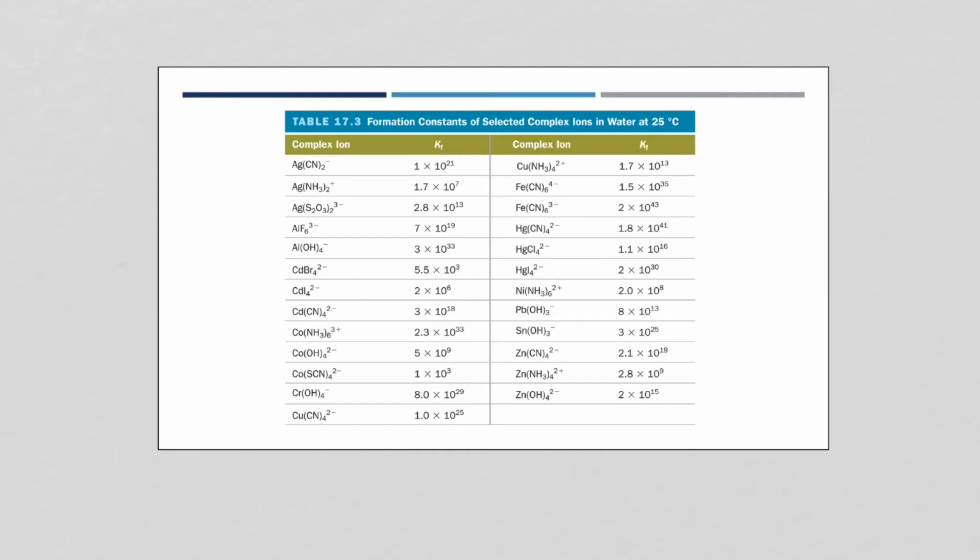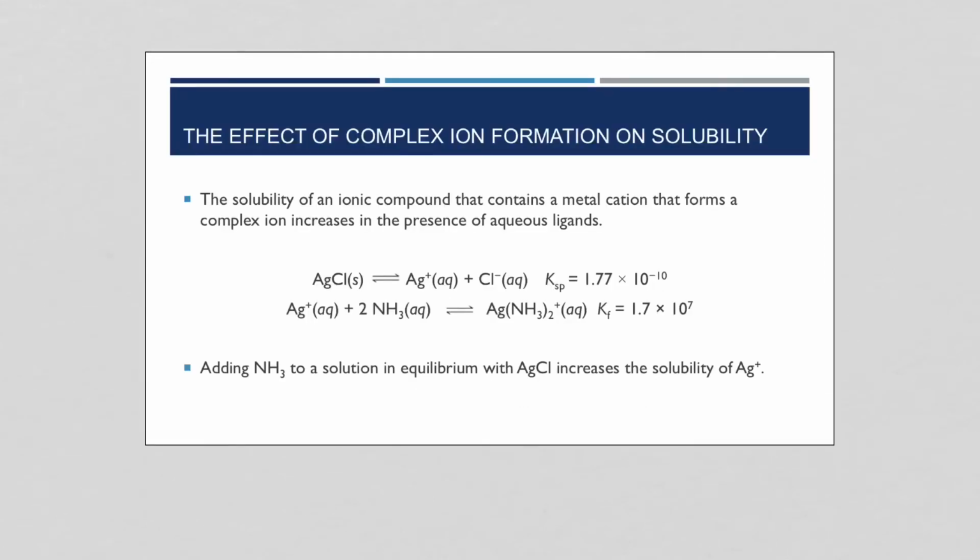Now, the one thing that this allows us to do is that it opens up the formation of these complexes as a possible way to increase the solubility. Now, how might that work? Well, let's look at this example.